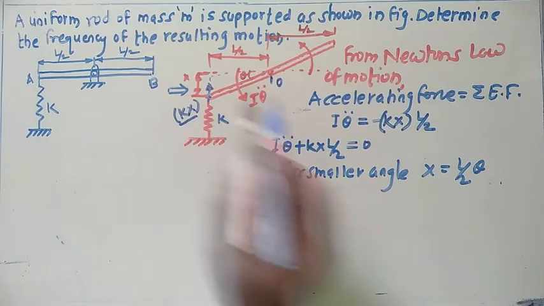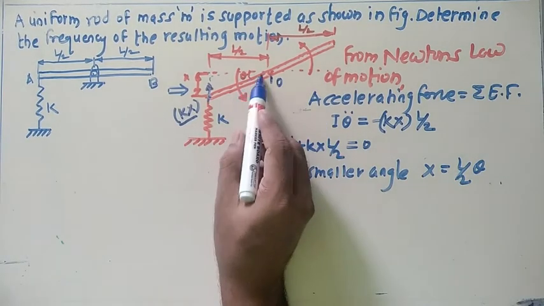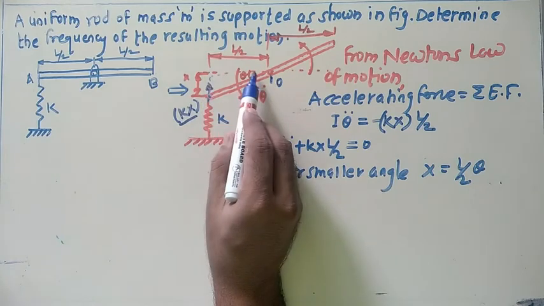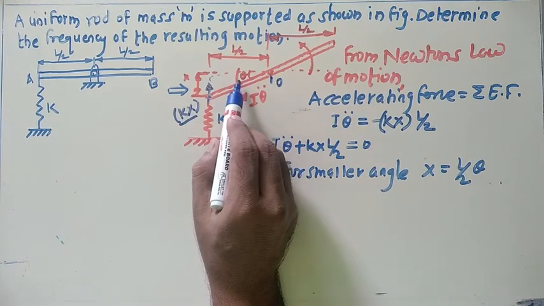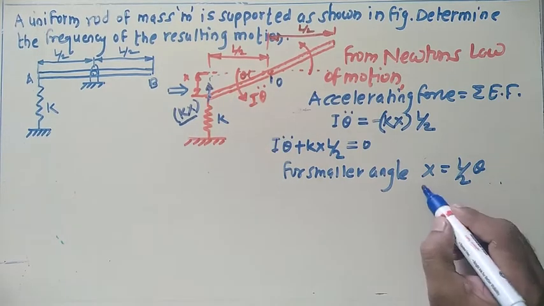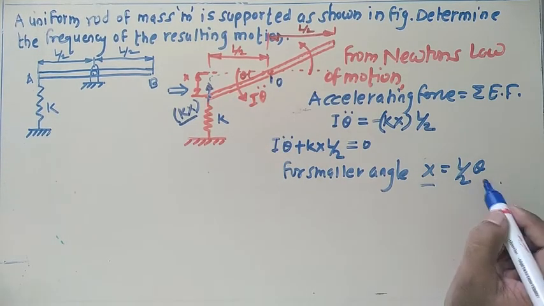How does this come? If I consider this triangle, tan theta equals this side divided by this one. Since the angle is very small, we can consider tan theta equals theta, and we get x equals L by 2 into theta.